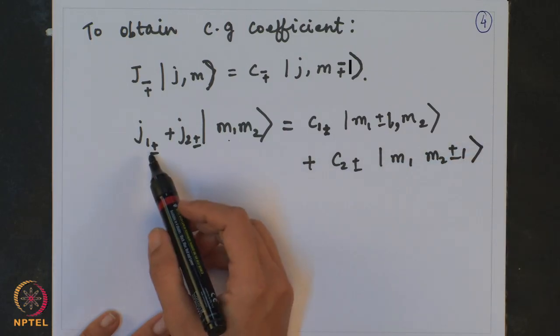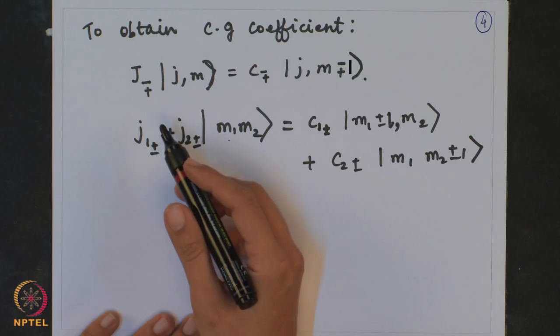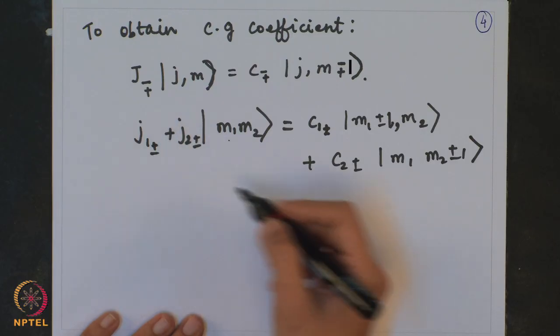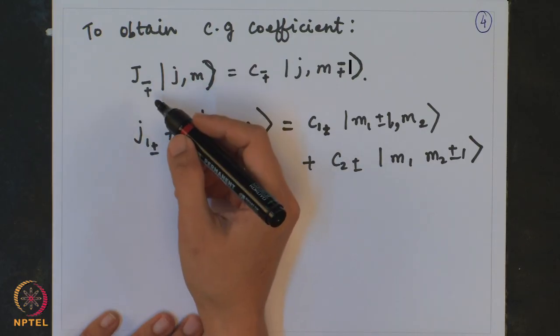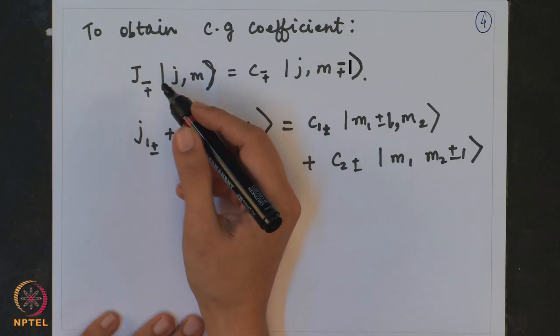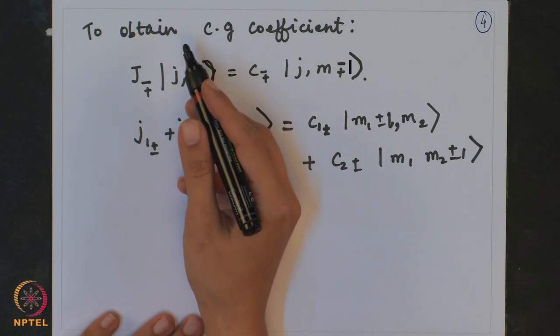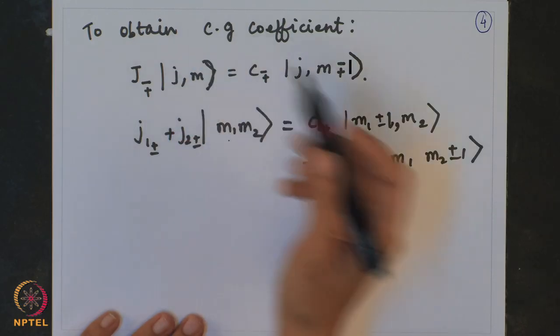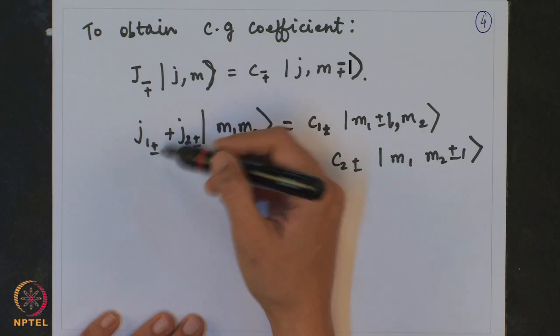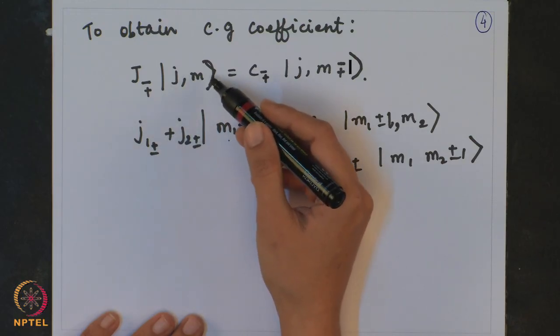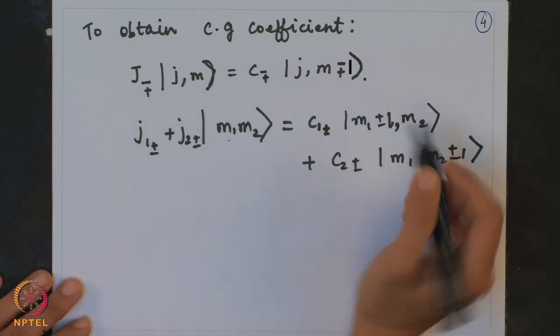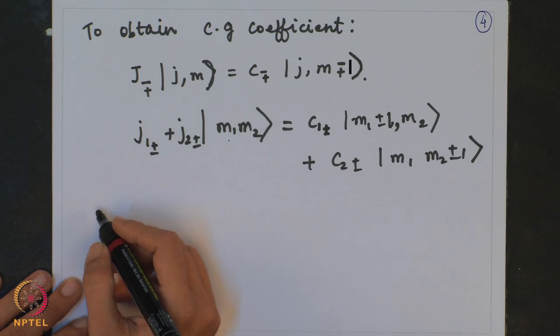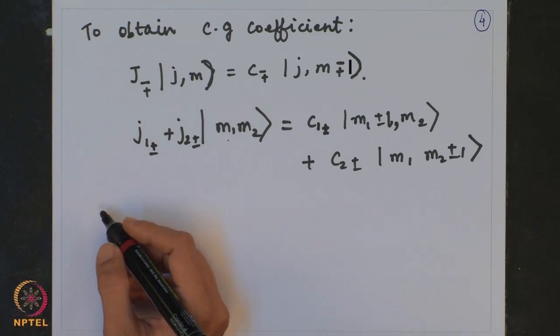So, the state will be either lowered or raised by a factor of 1 depending upon which operator you are operating. J plus will raise the state by 1 and J minus will lower M by 1.